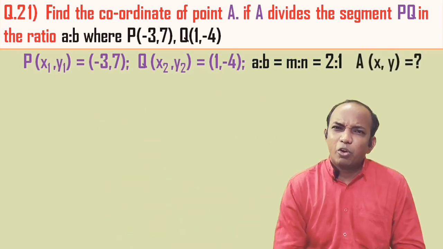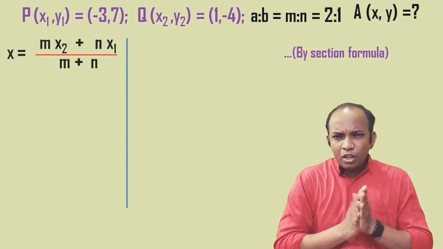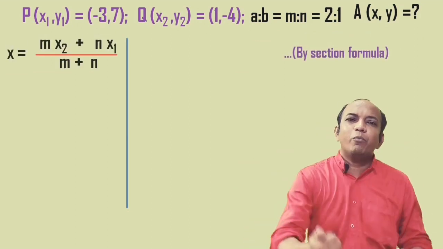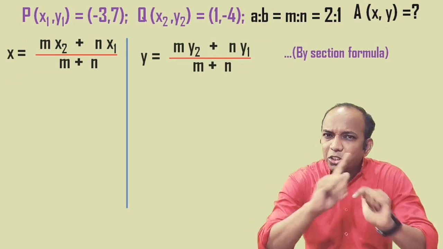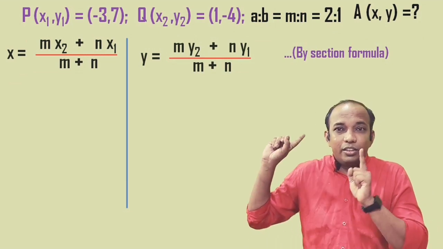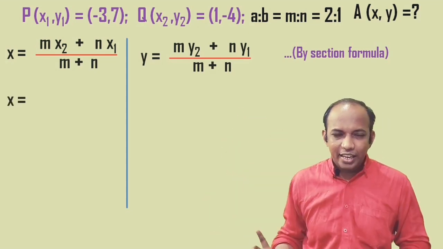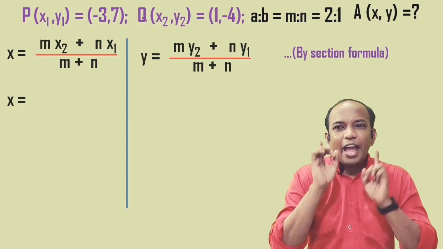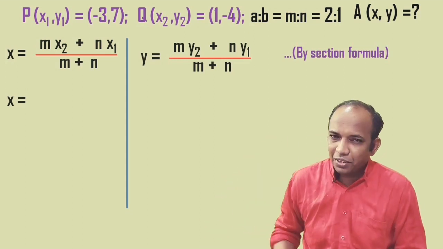According to the section formula, x equals mx2 plus nx1 the whole upon m plus n. For the y also, my2 plus ny1 the whole upon m plus n. The moment you substitute the values, observe carefully, m is 2, n is 1, and x2 is nothing but 1 and x1 is nothing but minus 3.